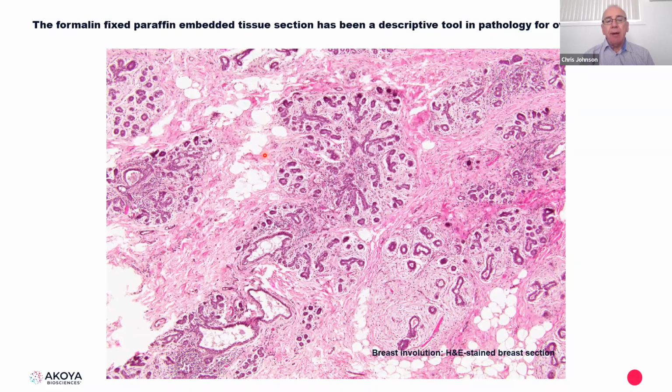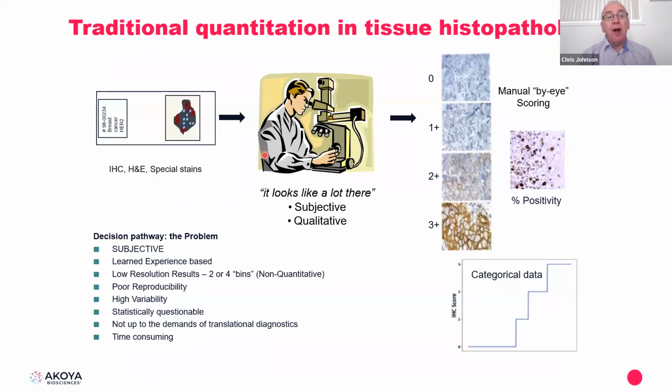And this is becoming more important as we move more and more into the area of precision medicine. Now, we do have ways of trying to get more information at a cellular basis from histopathology sections. This is really through traditional techniques like immunohistochemistry, maybe special stains, on the slide.